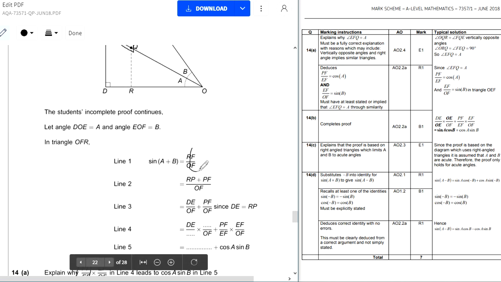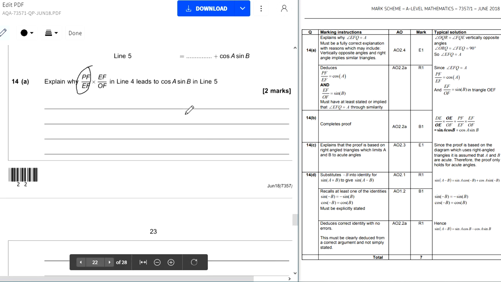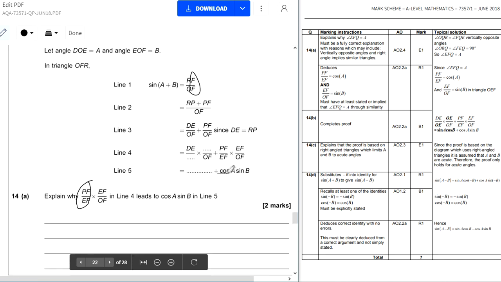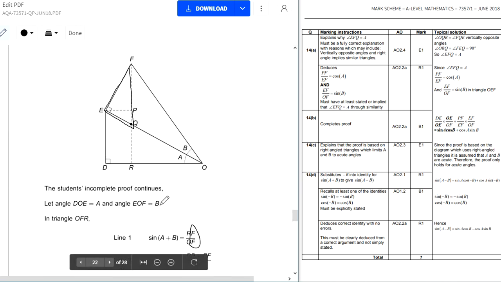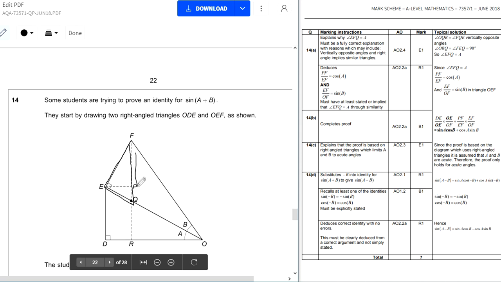As you can see here, two sides divided, and here we get a sine. So, in a similar way, we're trying to find what that is, and it's trying to be cos A, because that's what we're trying to do.